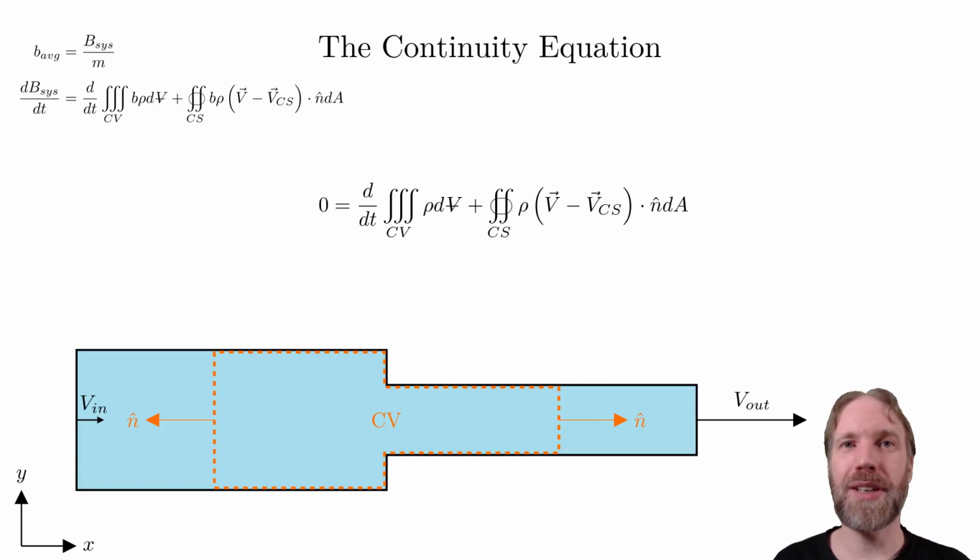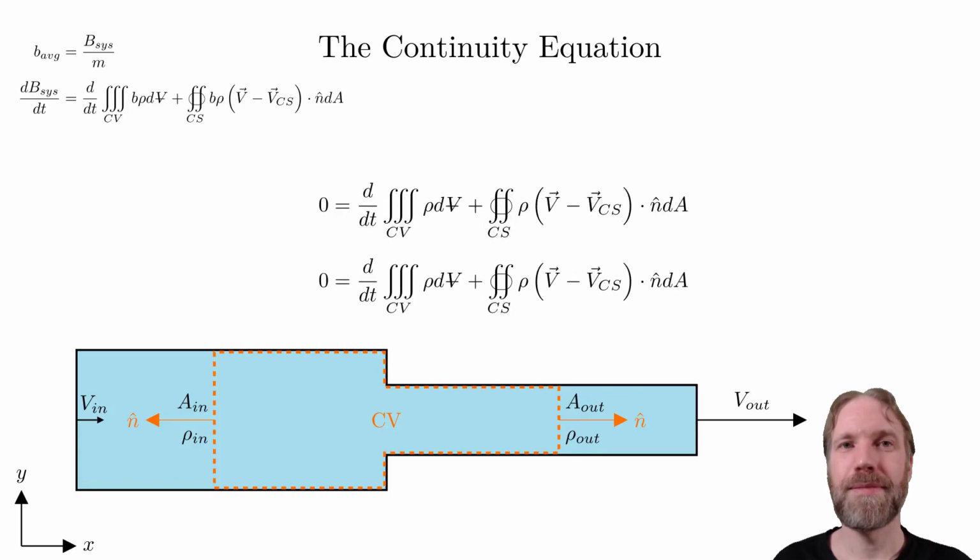We can also call the inlet area A_in, inlet density ρ_in, outlet area A_out, and outlet density ρ_out. Same as last case, we use a stationary control volume. We'll also assume stationary flow, which makes the time derivative 0.